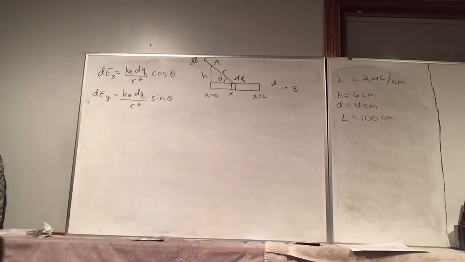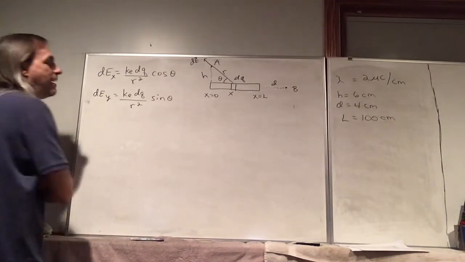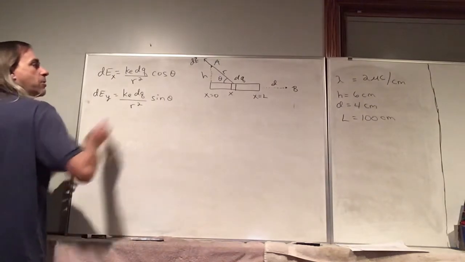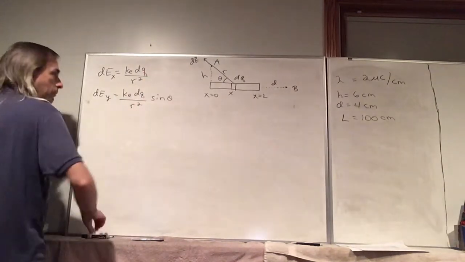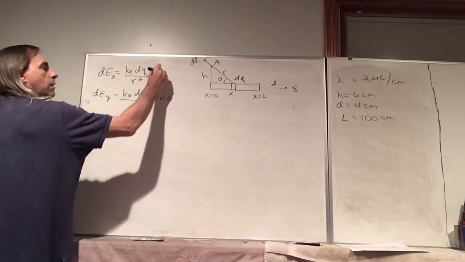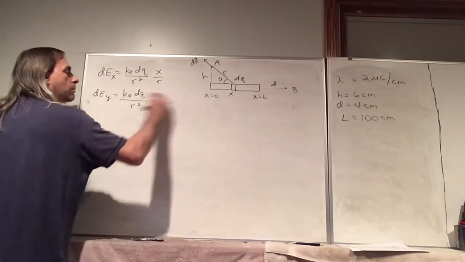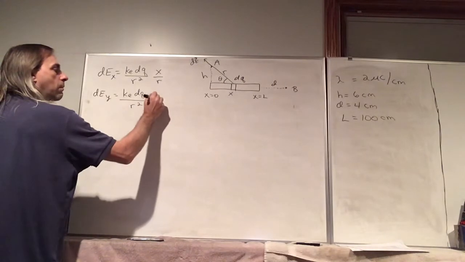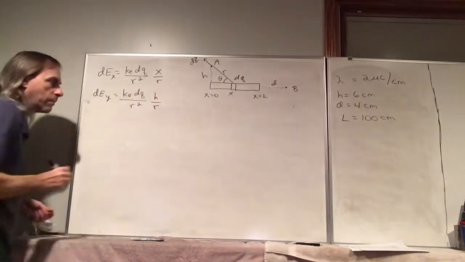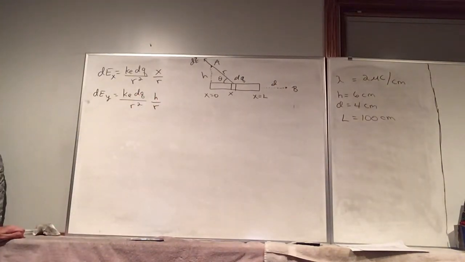Now, if I'm looking at this triangle, we can say that cosine of theta is x over r, and sine of theta is h over r.